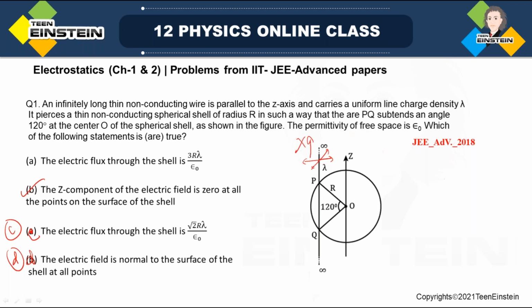The electric field lines will be radially emerging out from the wire, the thin wire or long line charge. In the z direction there will be no electric field component. Therefore, option B is correct.